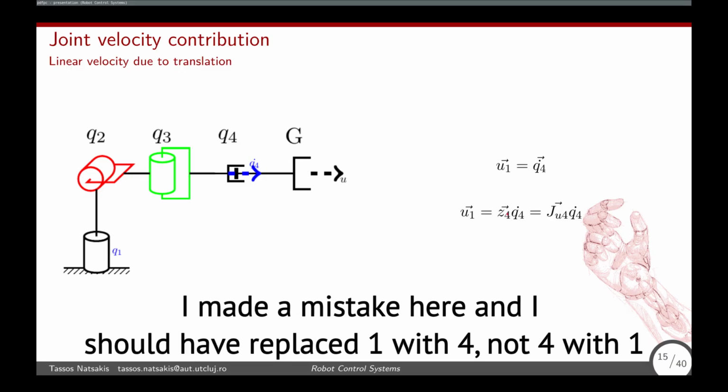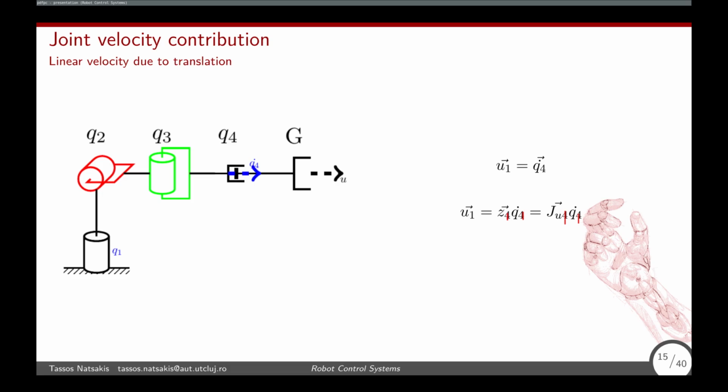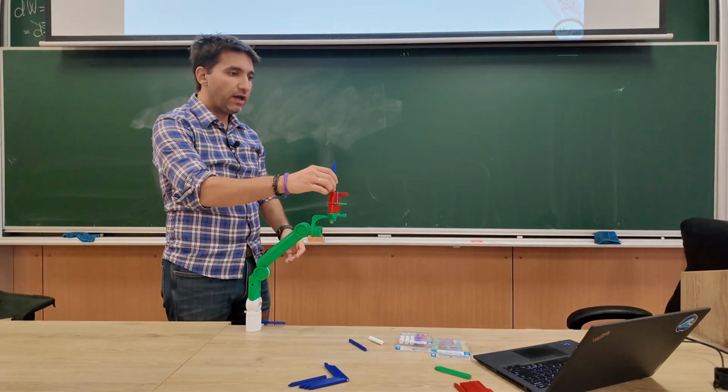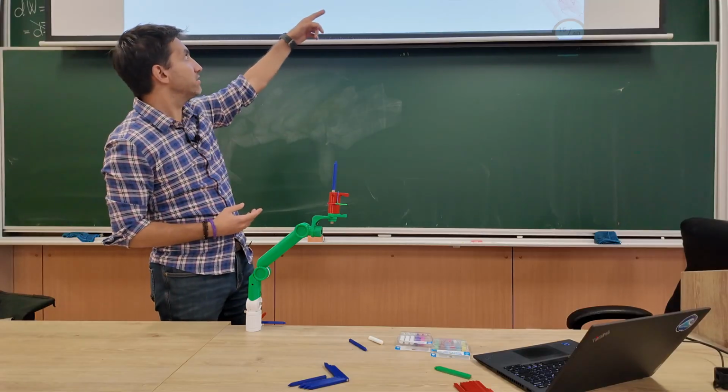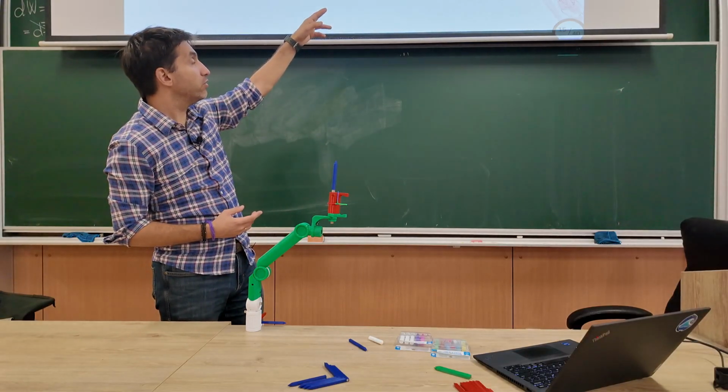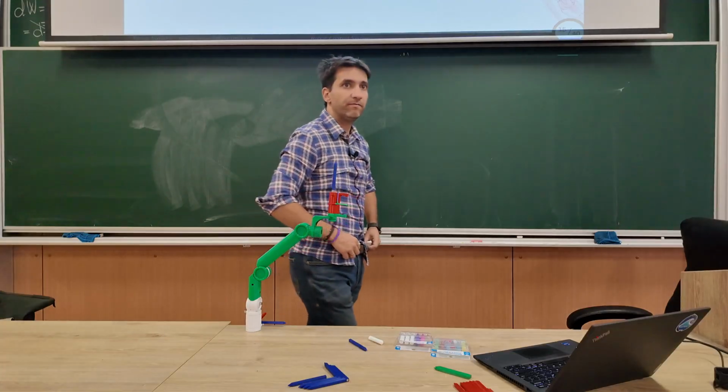So this should be 1 and 1. So I decompose it to a vector of unit length, calling it Z1, which just shows me the direction, right? And the magnitude, which would be how fast it is translating, Q1 dot, all right?